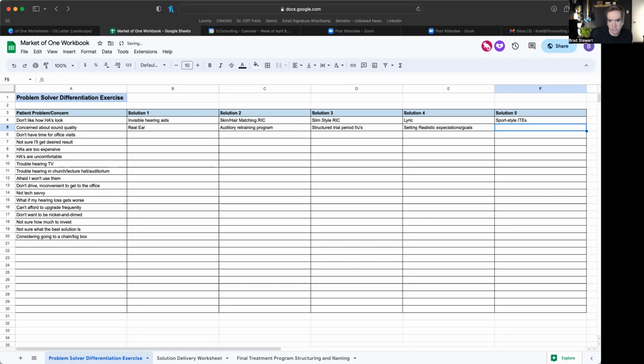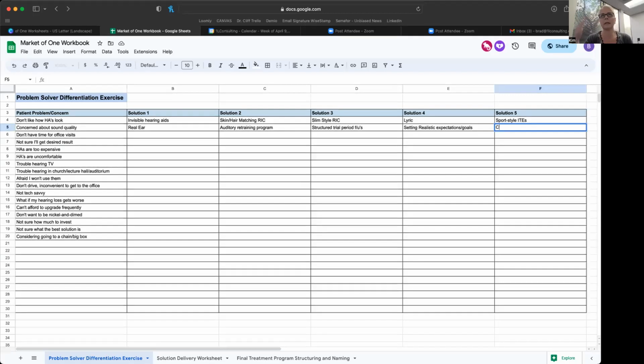As far as treatment philosophy, how do you guys think about initially fitting? Do you start at a more comfortable fitting level and gradually build up to target over time? Yeah. Now that I'm in private practice, we typically do real ear, but then we'll drop it down for comfort from there.